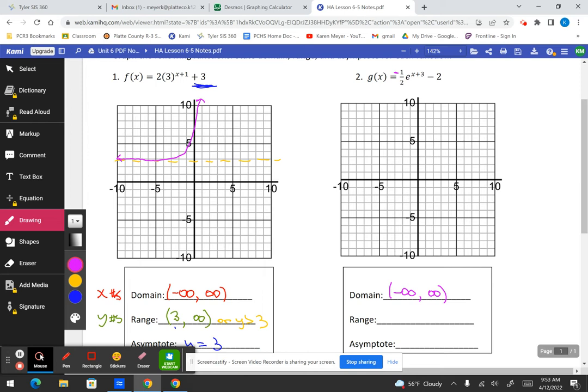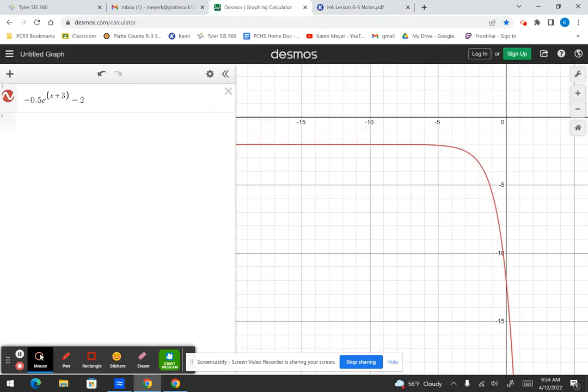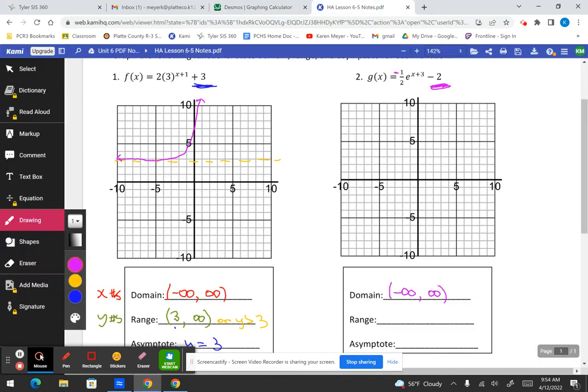Range. So once again, if you want, you can look at the last number at the end, which is our -2. Or if you want to look back at the picture, you could say, oh, okay, at the bottom, it's going down forever and ever. So that's a -infinity. And then at the top, it would hit right here at -2.